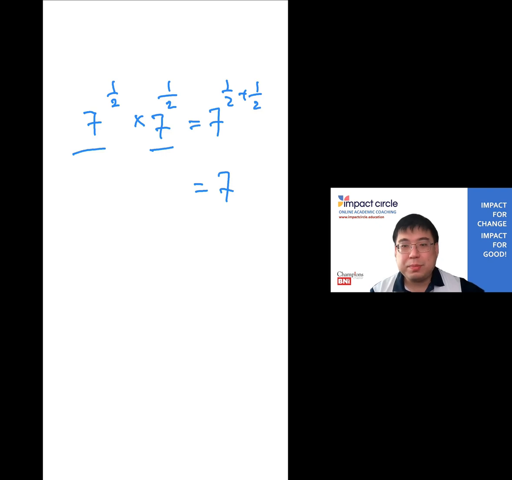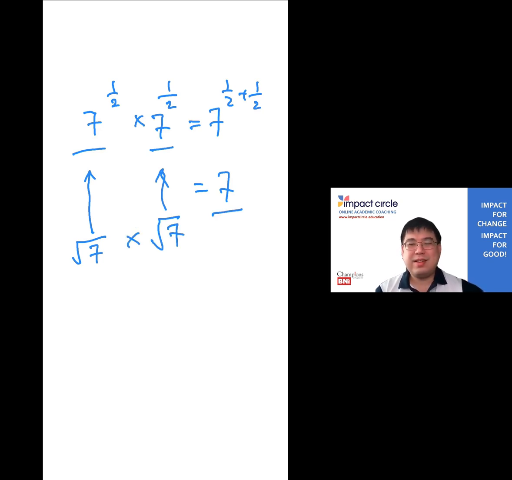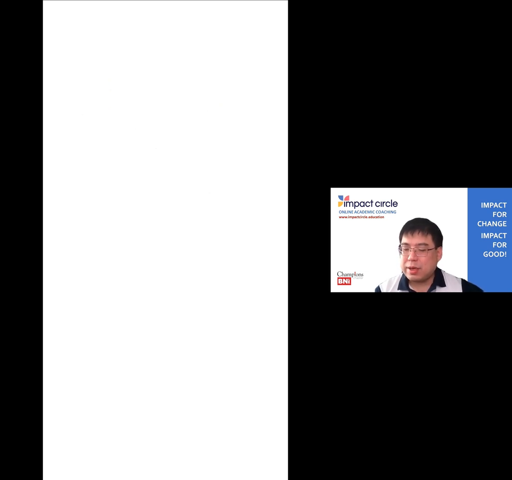So what must each of these be? By definition, each of these numbers will be the square root of 7. You multiply the square root of 7 together, it will give you 7. Does that make sense? Right? Let's use the easier square root. Okay? Let's use 9 to the power of half times 9 to the power of half.